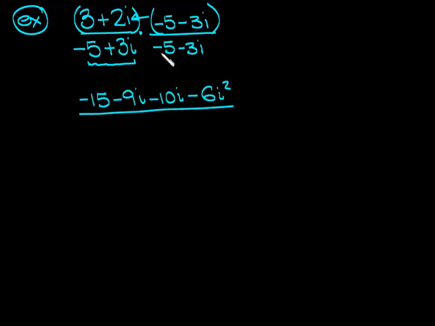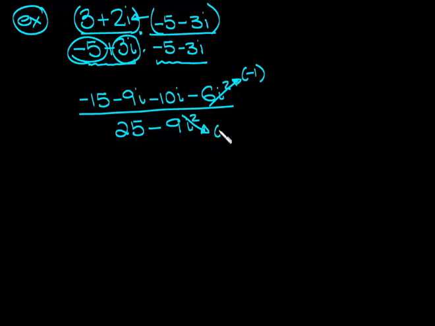Divided by, what happens when you multiply two conjugates? Remember we talked about that earlier. We just get the square of the first. So what's the square of minus 5? Minus 5 times minus 5 is 25. Minus, we get the square of the second. What is the square of 3i? 3i times 3i is 9i squared. So now we know that i squared is minus 1. So let's replace those. And let's collect these two terms because they both have an i in them.